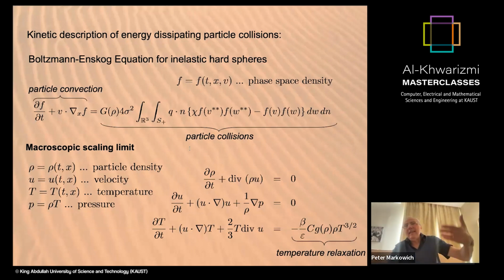A kinetic equation is always associated to a macroscopic scaling limit, and when you do the macroscopic scaling limit here, you get this complicated system of fluid type equations, where the left-hand side is classical compressible Euler, and here you have a right-hand side in the temperature equation, which corresponds to the temperature relaxation, which is a basic feature of granular media.